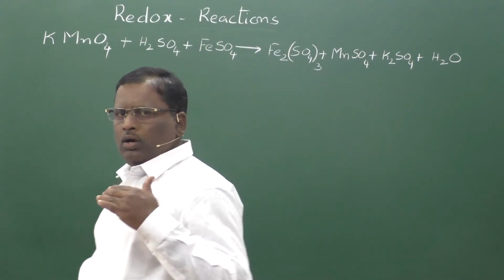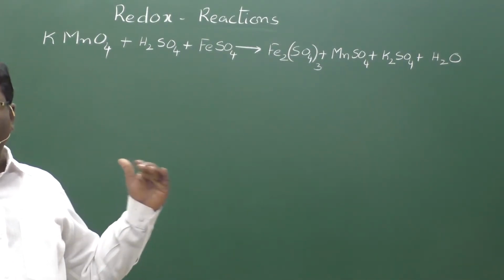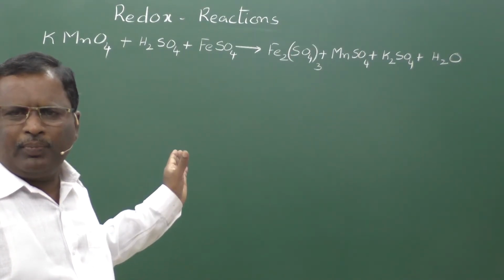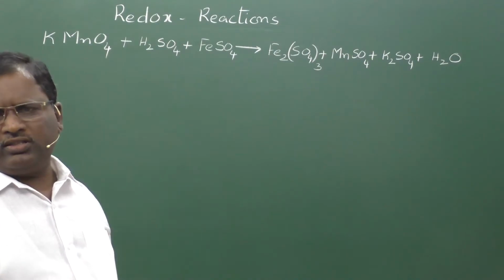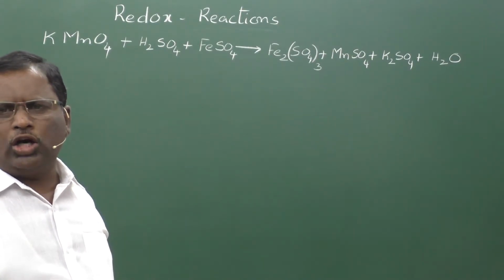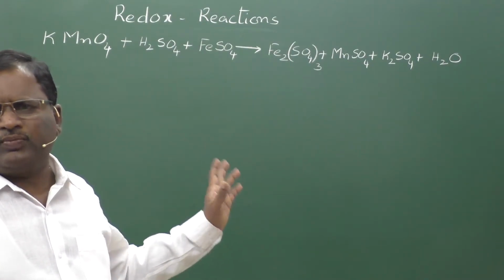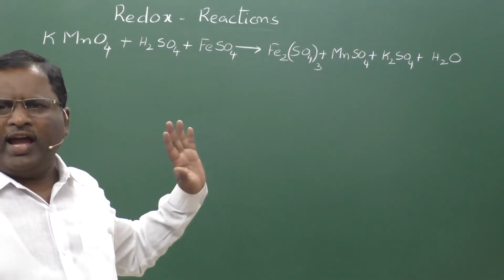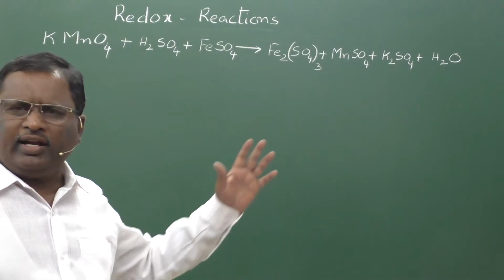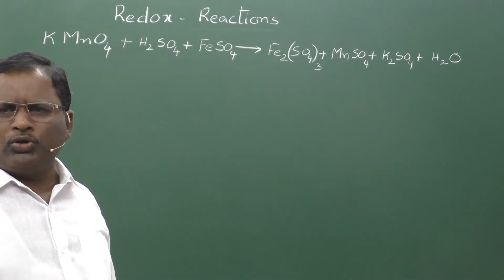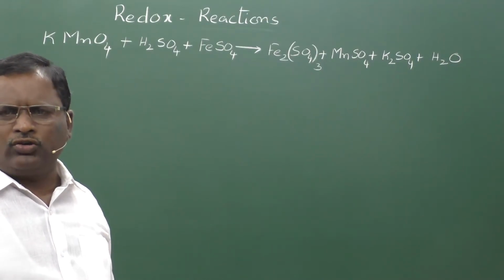Now, what happens when these compounds are prepared as aqueous solutions? When KMnO4 is dissolved in water, it gives its solution. This reaction takes place between the aqueous solution of potassium permanganate and the aqueous solution of ferrous sulfate. Now, let us verify the position of these ions in their aqueous solutions.